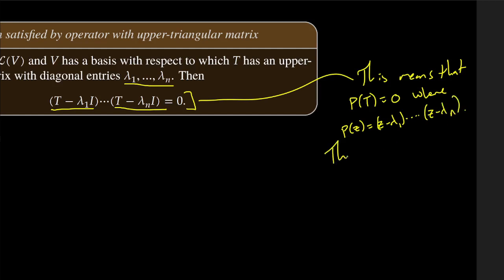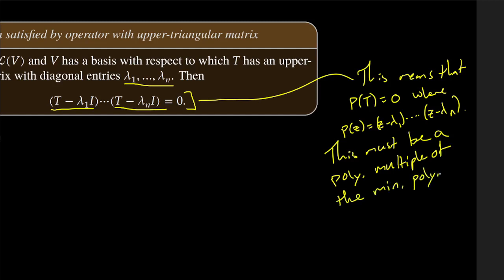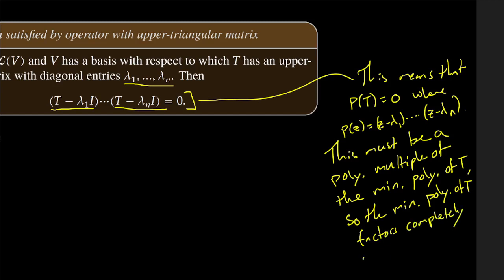Oh, this must be a polynomial multiple of the minimal polynomial of T. So the minimal polynomial of T factors completely into linear terms.